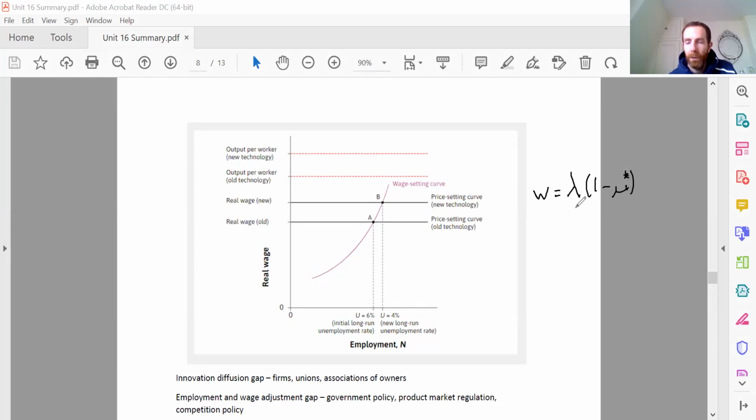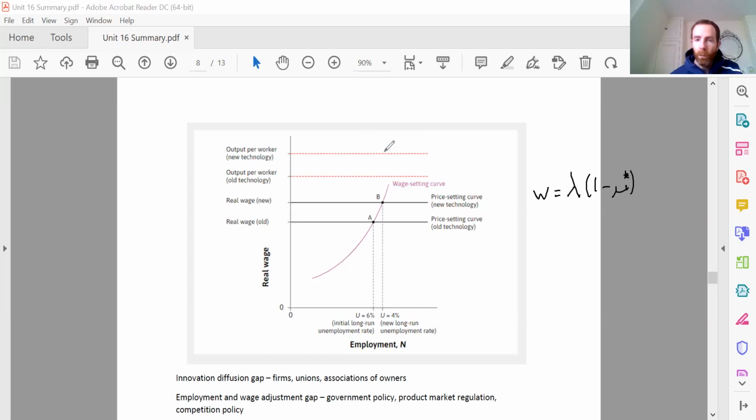But something else that might have an impact on the real wage level is changes to the productivity of labor, and something that could do that is some new technology. Here's output per worker with the old technology, and when the new technology comes into place, that improves the output per worker. It makes workers more productive.